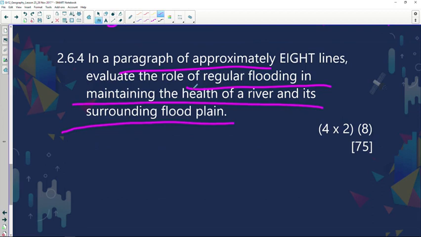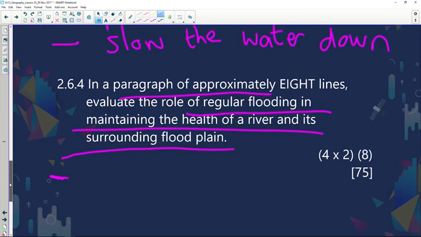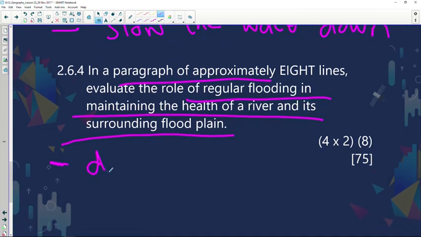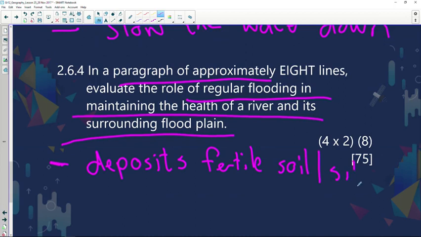First of all, the role of flooding: the most important thing is that it leads to deposits. It deposits fertile soil or silt on the floodplain.